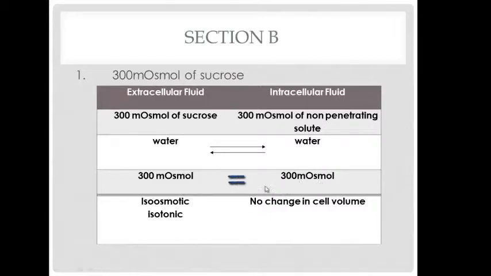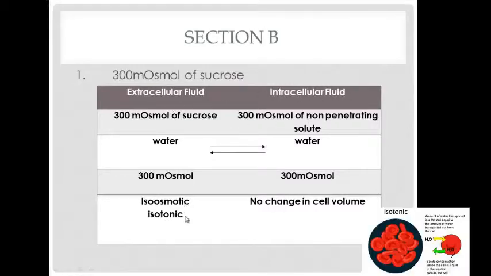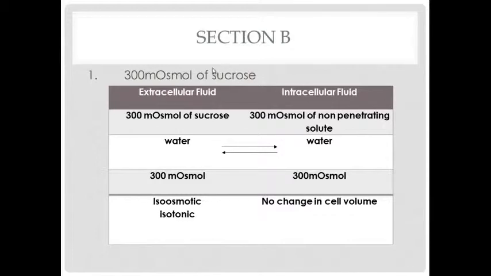Both are the same, so it is isotonic, and the water is in equilibrium because the non-penetrating solute of the extracellular fluid and the intracellular fluid is the same. So it's isotonic, and there is no change in the volume of the cell, thus the solution in test tube 1 becomes colorless.